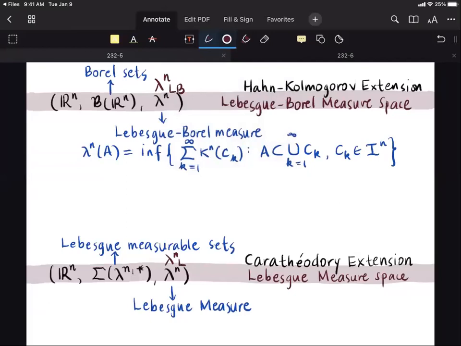However, if it is clear in the context, since the Lebesgue-Borel measure is just the restriction of the Lebesgue measure, and if we do not distinguish the two measures, we use this abuse of notation, wherein we remove the indices.